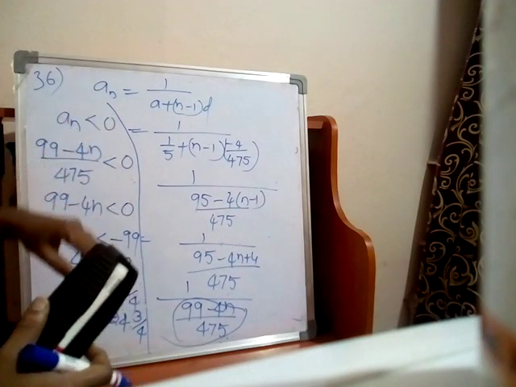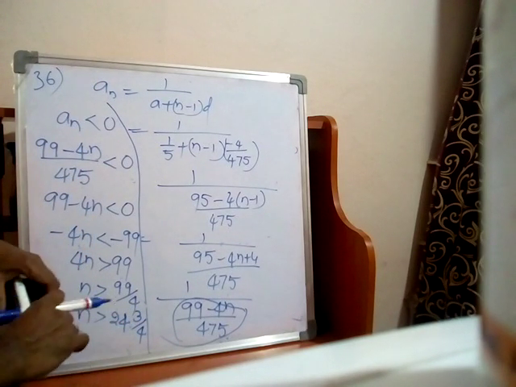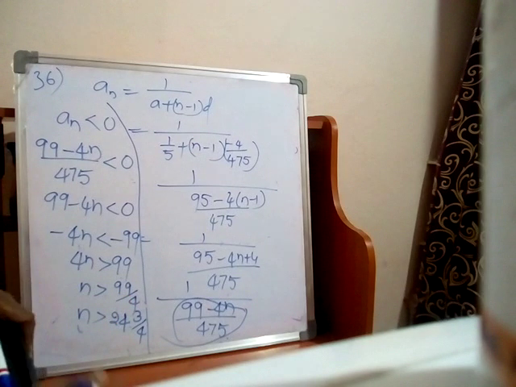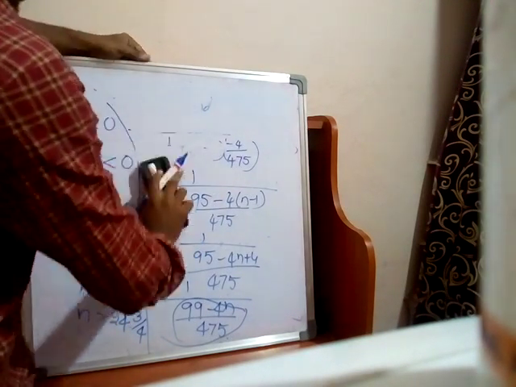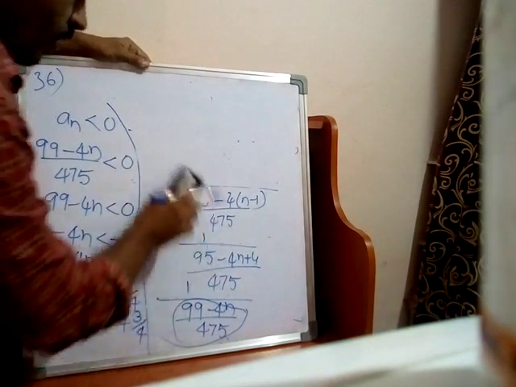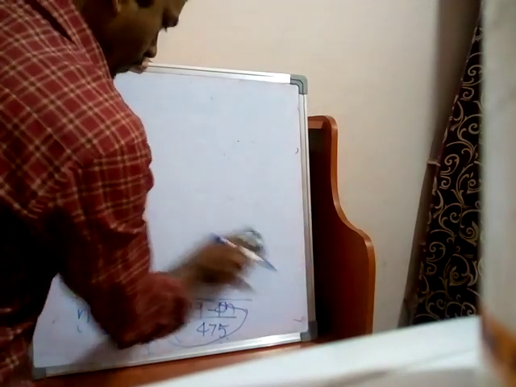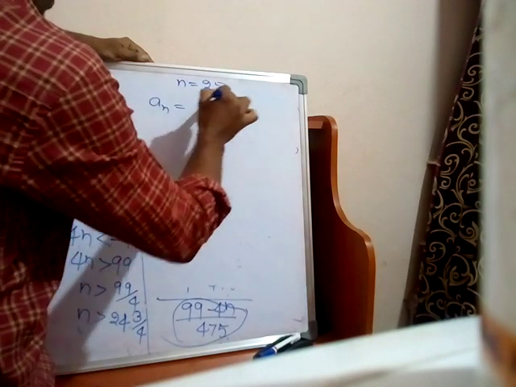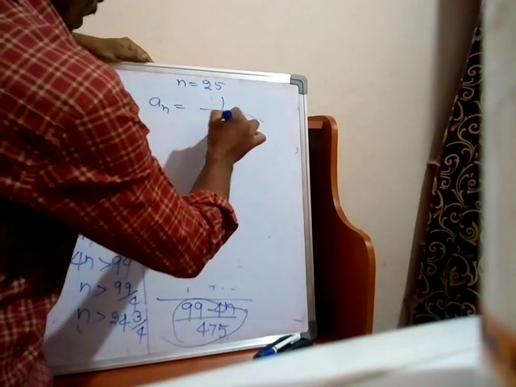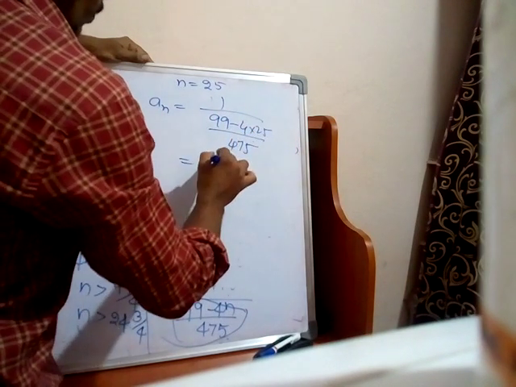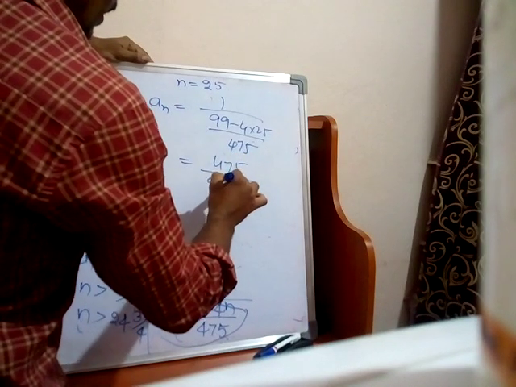So an is less than 0 when n is greater than 24 3 by 4, which means if you take 25. Let's check: if you take n is equal to 25, 25 is an integer, and the n value must be more than 24 3 by 4. Substituting n is equal to 25, a25 is (99 minus 4 into 25) by 475, which is (99 minus 100) by 475.